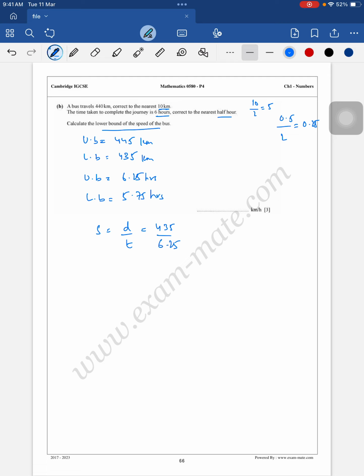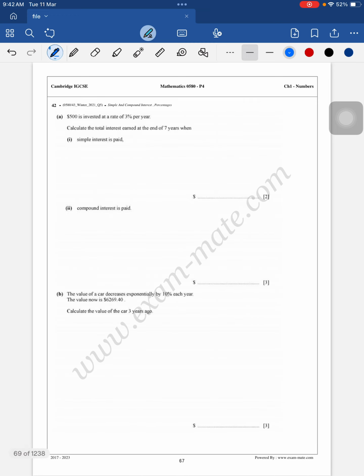Now dividing it, 435 divided by 6.25 is 69.6. Clear? Okay.